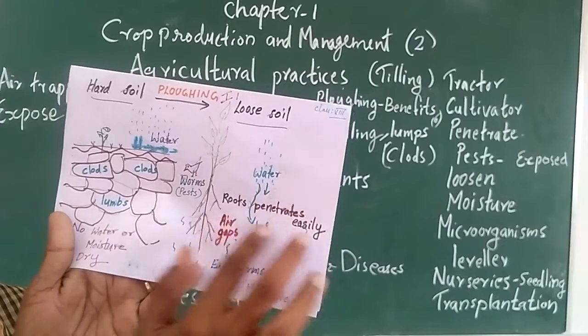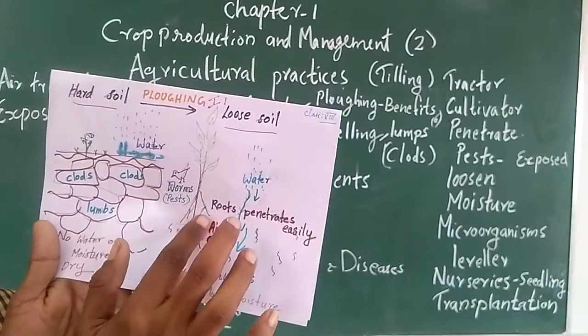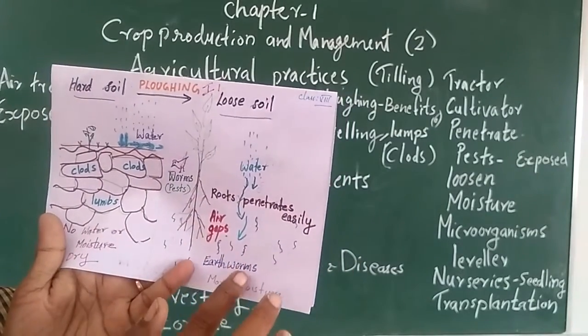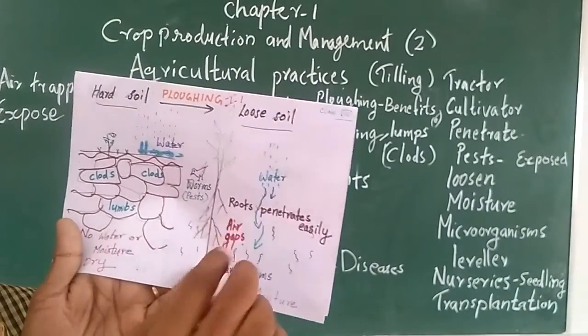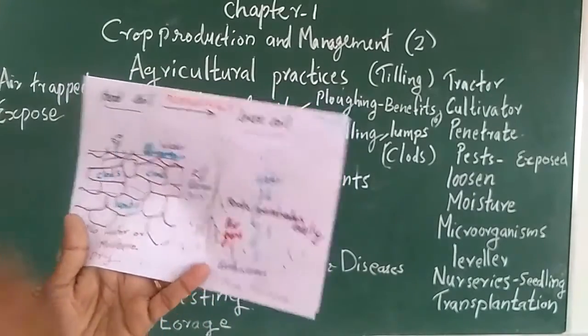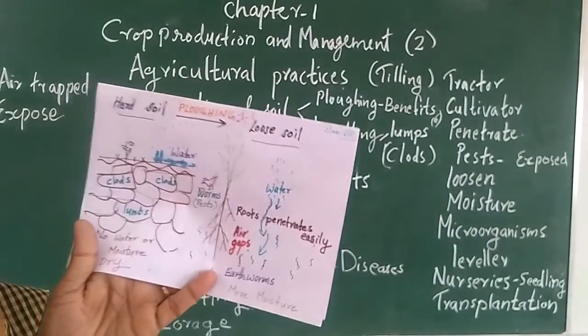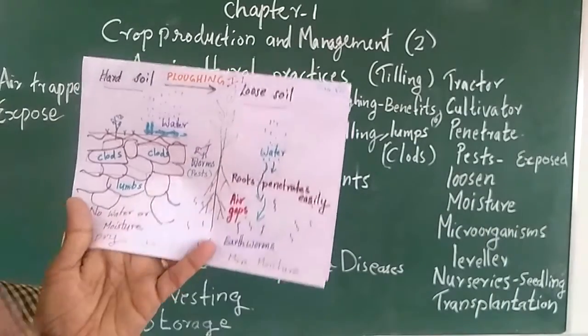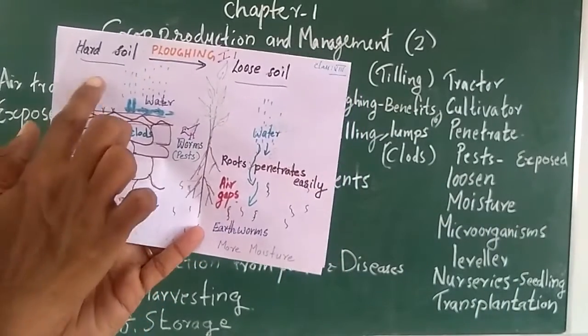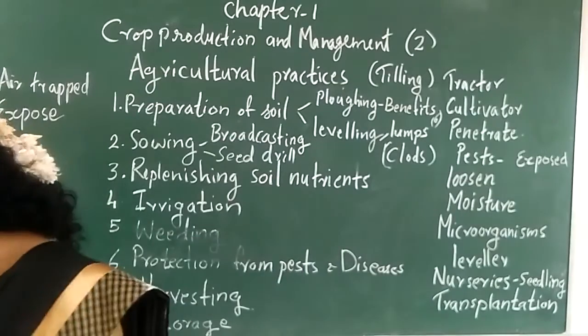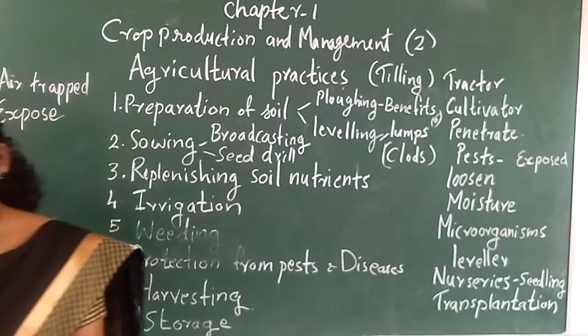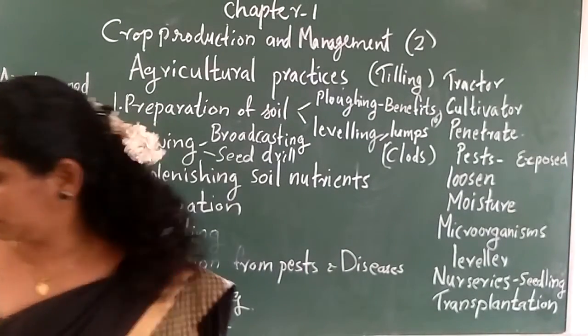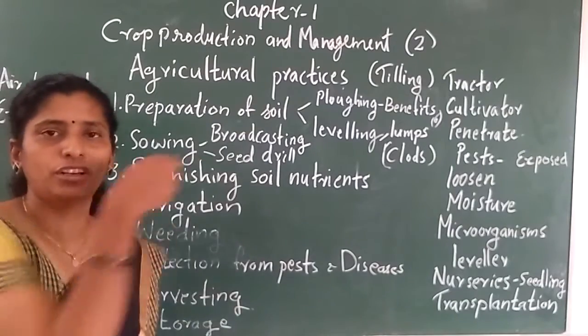So the nutrients in the upper part get reduced, and the lower part has more nutrients. When we are plowing, all the nutrients from below mix very well and come up to the top level, so the plants can grow very well. So what do we have to do? We have to plow the land. So what do we use to do the plowing?